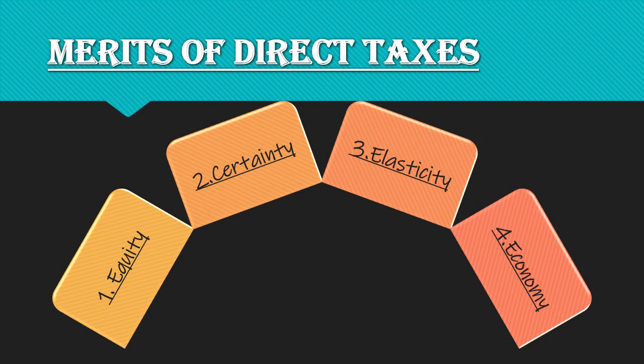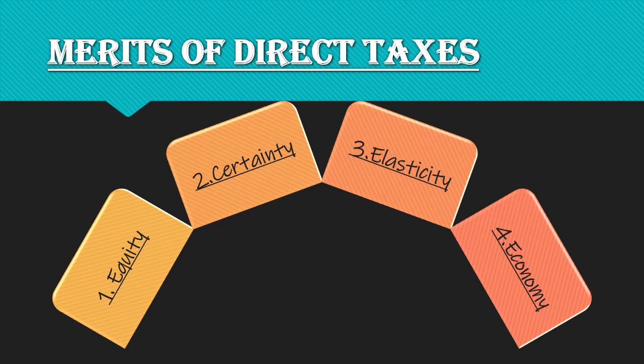So the next point is certainty. A direct tax satisfies the canon of certainty. For example, a person liable to pay income tax knows how much he will be required to pay and when to pay. Obviously, the government authorities issue a lot of notifications to the public about how much they have to pay.